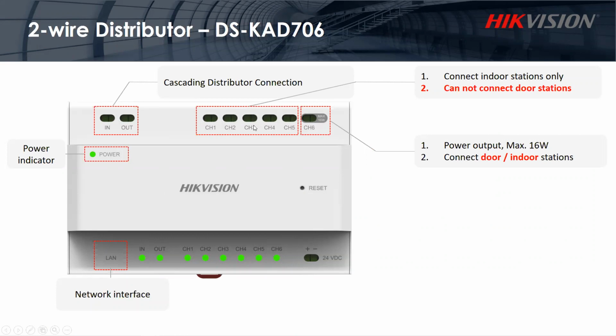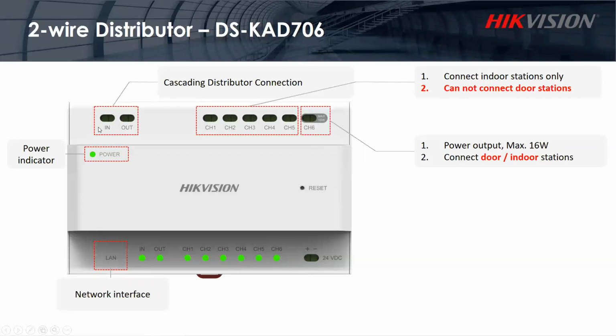This one can handle up to 6 devices, either indoor or door station, but it's preferred to connect only one door station, as the door station can be connected to other sub-modules. The rest of the channels can be connected to the indoor stations. You cannot connect indoor stations to the door station channel, and cannot connect the door station from channel 1 to channel 5. So the outdoor station will be connected to channel 6 here.